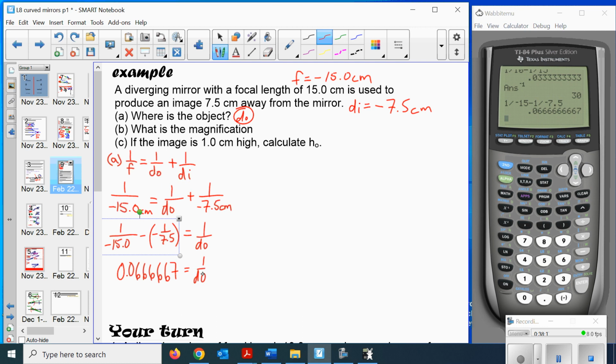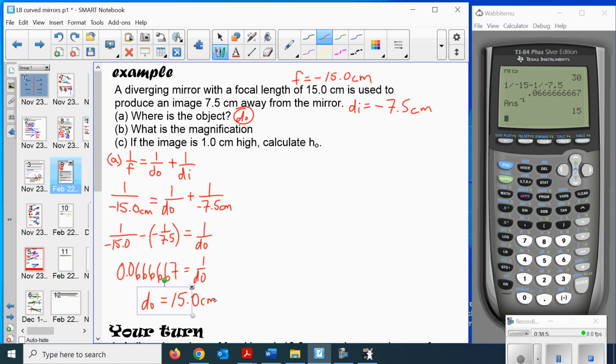Oh, pressed the wrong one. And I get 15. And I go 15.0. Okay.